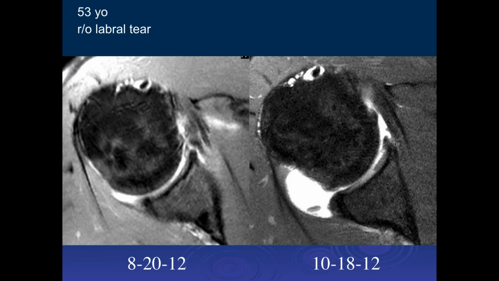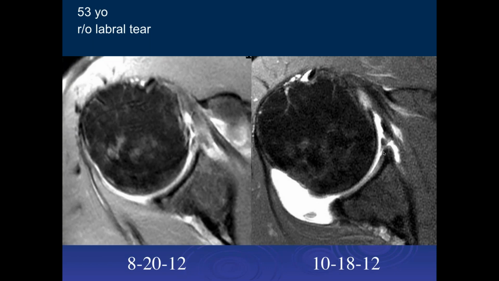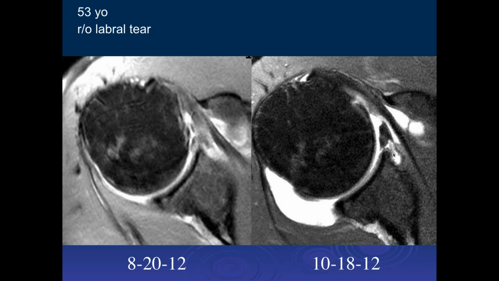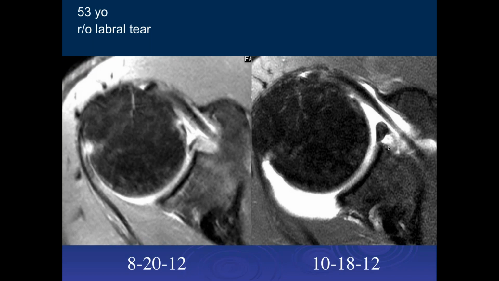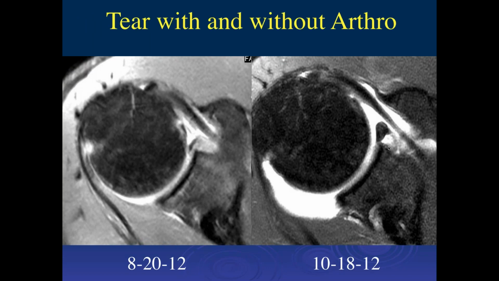But we just see signal there, and we don't really see the fluid going in here very well, but there is a deficiency here, and we're still below the equator at this location, and this is contrast extending through the base out into a little perilabral cyst. And here it's even larger. Now we're getting up a little higher, but this is a tear. So this is an anterior labral tear. You can see it with and without an arthrogram.